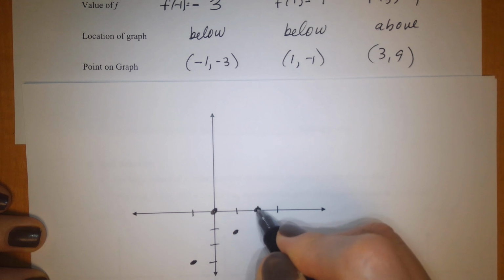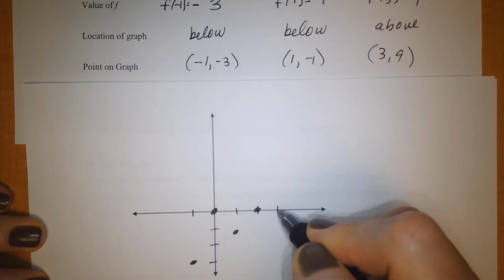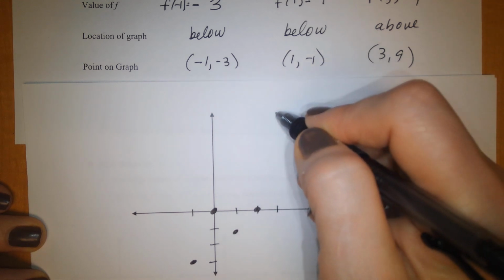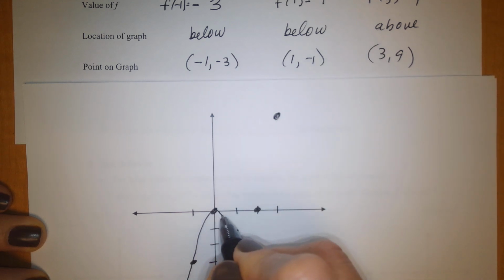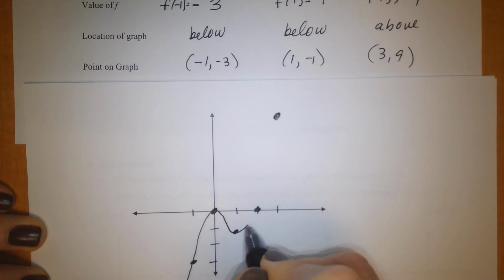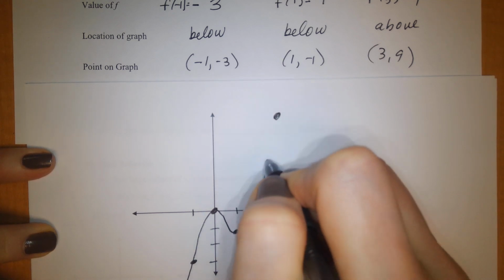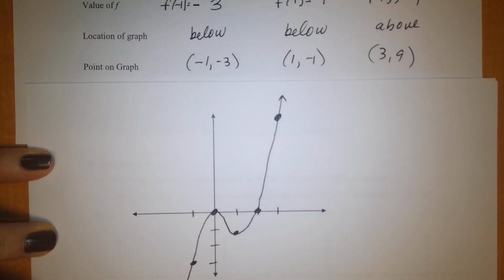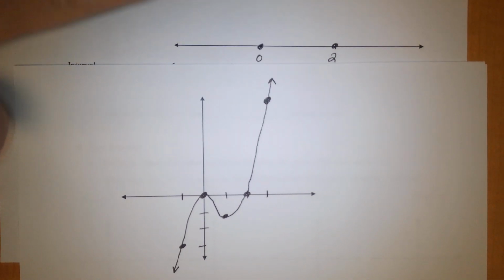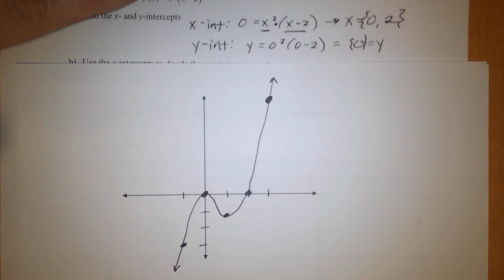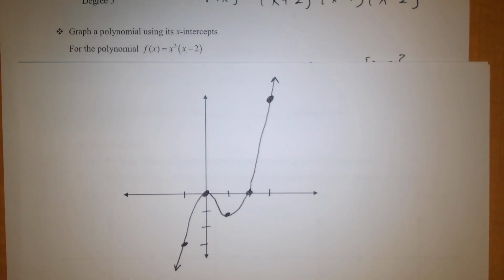Then it comes back up and it crosses through this x-intercept and heads up to (3, 9). So my graph comes up to this 0, touches, goes back down, crosses through, and heads up to infinity. So this would be the graph of this function, which was this one right here.